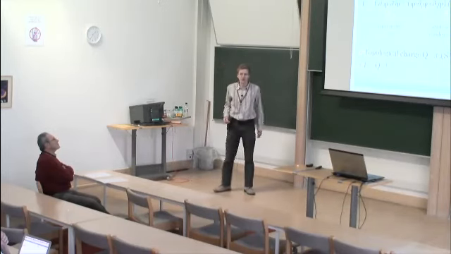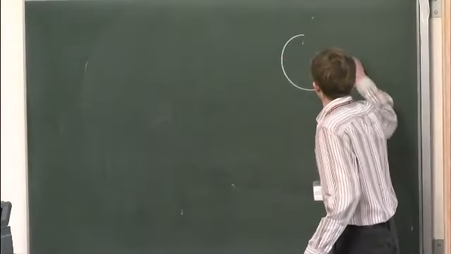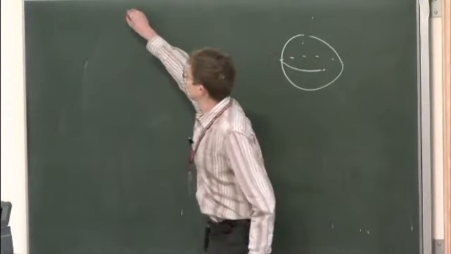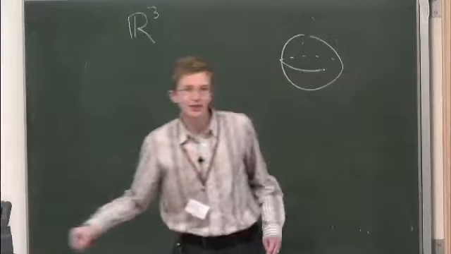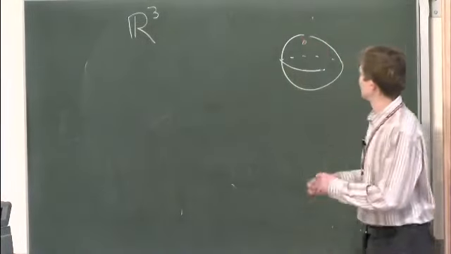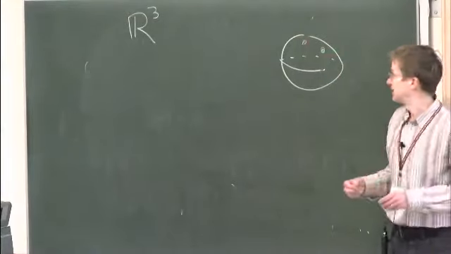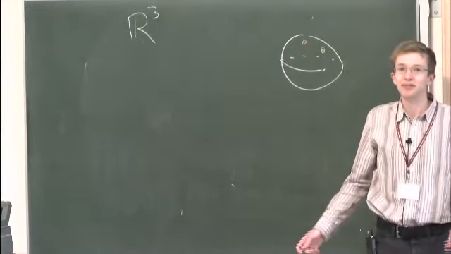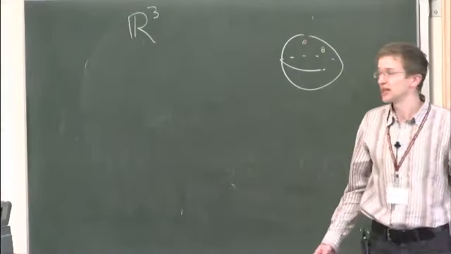If you think of your field as a map from R3 to S2, here's the 2-sphere, and here's R3. Well, you can look at the pre-images of two points on the target sphere, say a point here and another point here, and the pre-images of those points in R3 will both typically be curves or collections of closed curves.